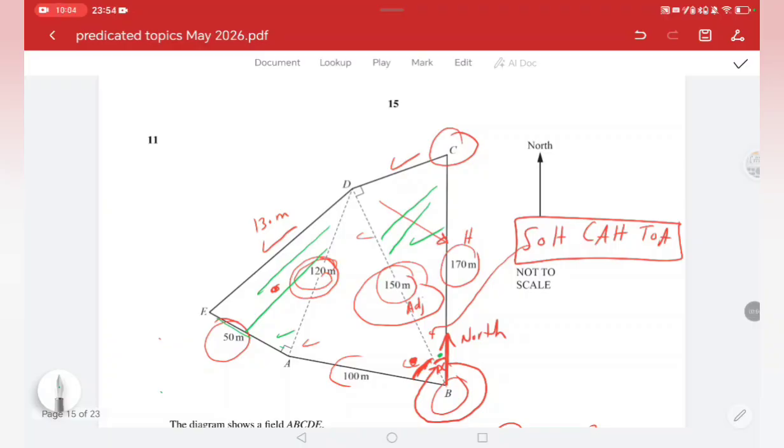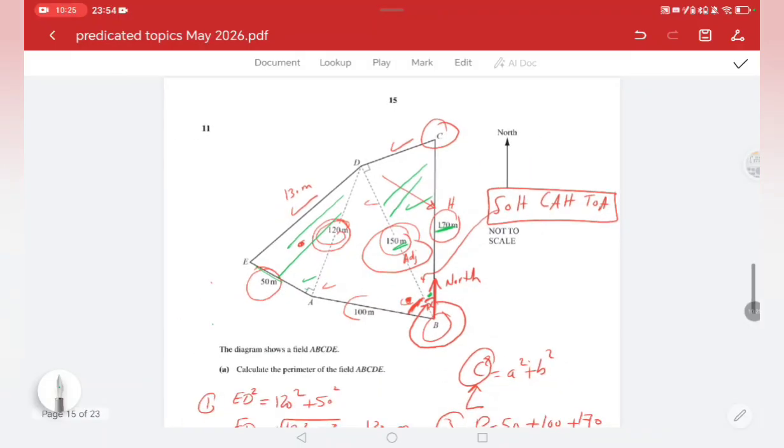Or you can use 1/2 ab sine theta. This rule can work also for a right angle triangle. Why am I doing this? Because it's easier: I have 2 sides and the angle between them, so I can use this one.